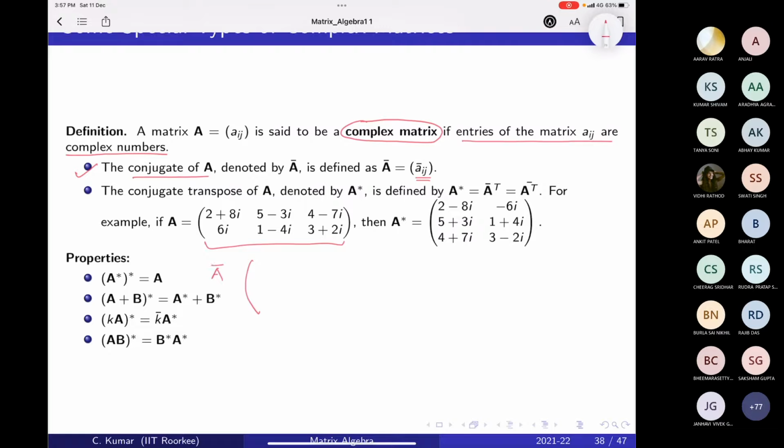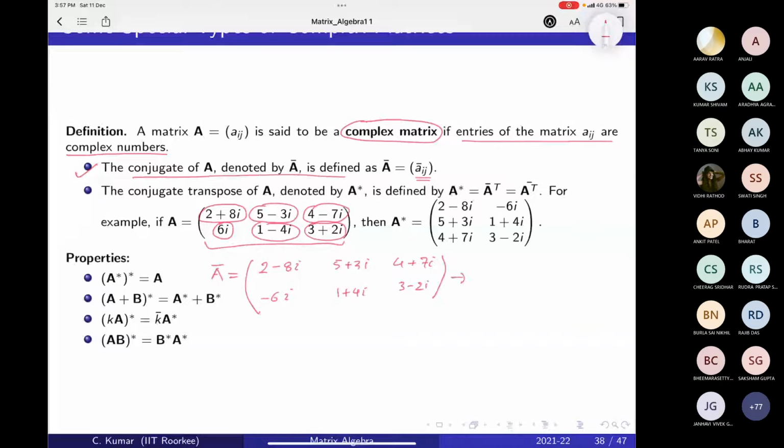So A bar, which is the conjugate of A: you consider the first element and write down its conjugate, 2 minus 8i. The second element, conjugate is 5 plus 3i. Third element, conjugate is 4 plus 7i. Next is 6i, so minus 6i. Next is 1 minus 4i, its conjugate is 1 plus 4i. And next is 3 plus 2i, its conjugate is 3 minus 2i. So this is the conjugate of A.